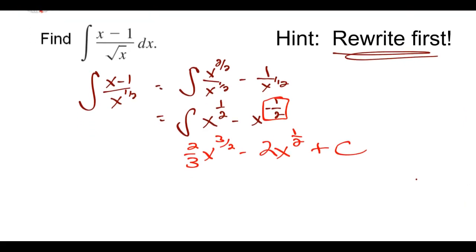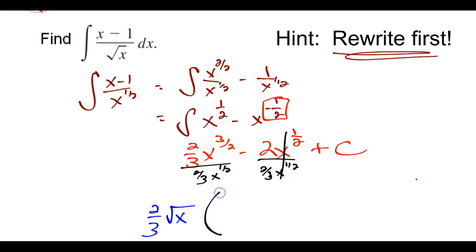So let's pull out this 2/3 and the square root of x, which is literally like dividing each term by 2/3 x to the 1/2. So this is kind of nice that it cancels here.